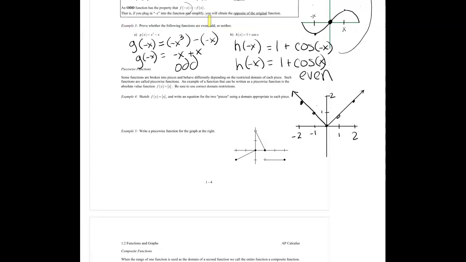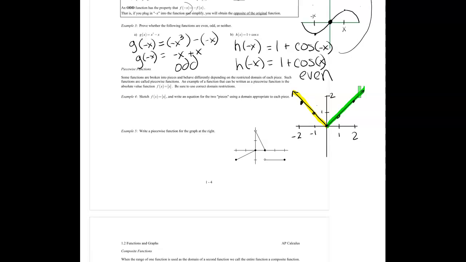So if we notice that f of the absolute value of x technically has two pieces of its domain, we should be using the appropriate domain for each piece. What I'm talking about when I say two pieces is that I've got this line sitting over here that I'm going to highlight in yellow, as well as this other piece sitting over here that I'm going to highlight in green. So now we've got to create this piecewise function so that it has a relevant domain all the way across.